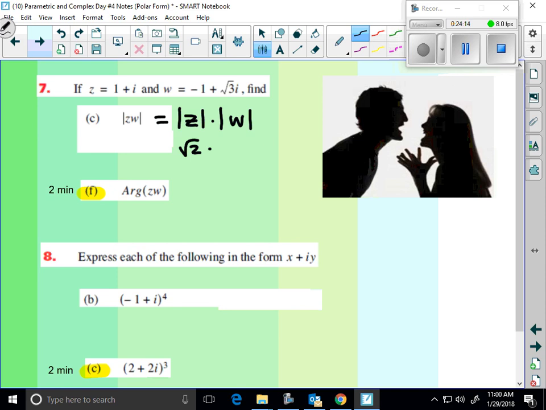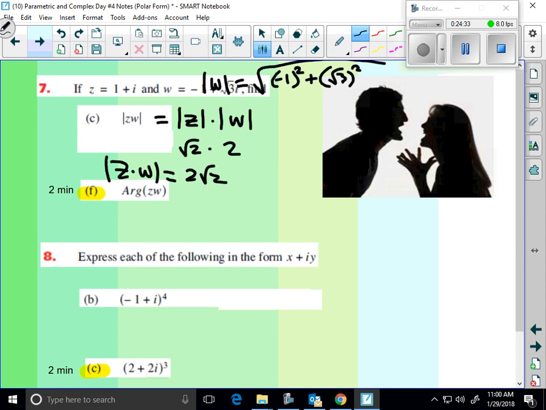Square root of 4, right? Negative 1 squared plus square root of 3 squared. Square root of that would be the modulus of W. So it'd be the square root of 4, which is 2. Oh, so the modulus of Z times W is 2 root 2.